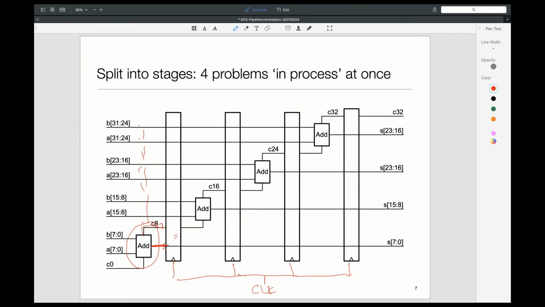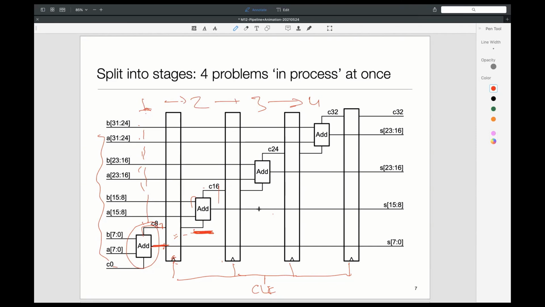The next set of values will appear out here, so the outside world is also operating on the same clock tick. Then, for the job which we had started, in the next clock tick, in stage 2, we will add the middle term, and then stage 3. So this is like a pipeline. At the clock tick, we shift the product: if you call these station 1, 2, 3, 4, then station 1 moves to 2, 2 moves to 3, 3 moves to 4, and 1 gets a new job.